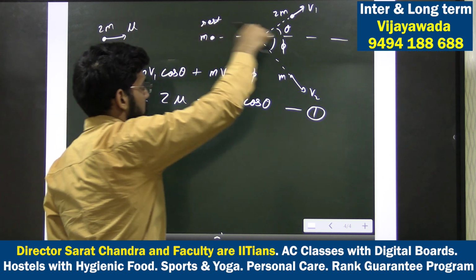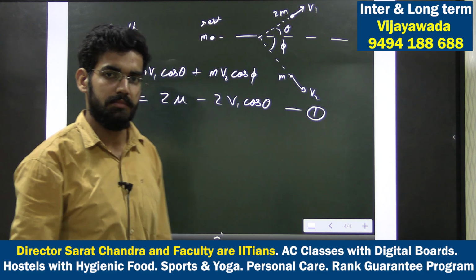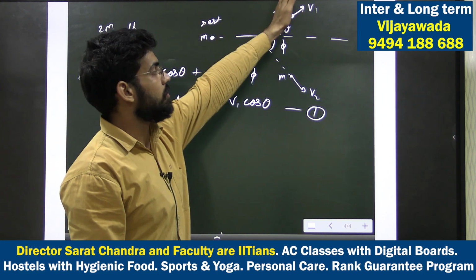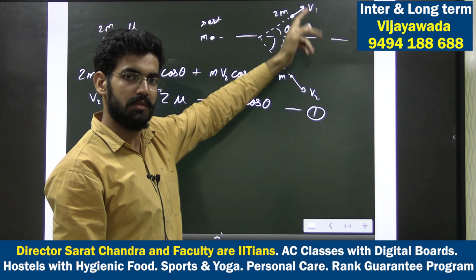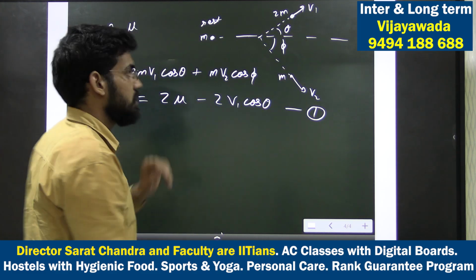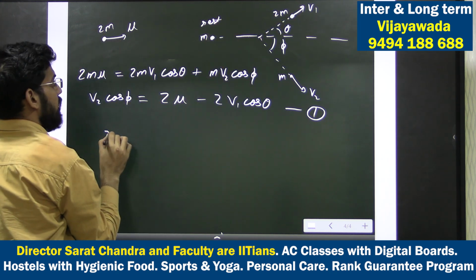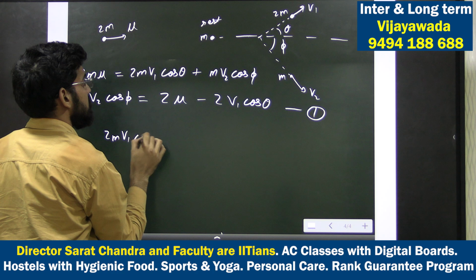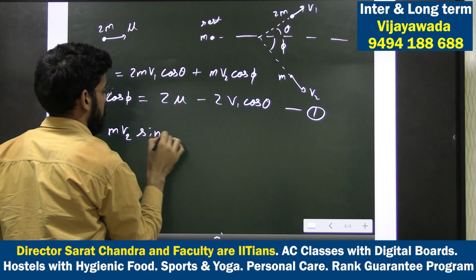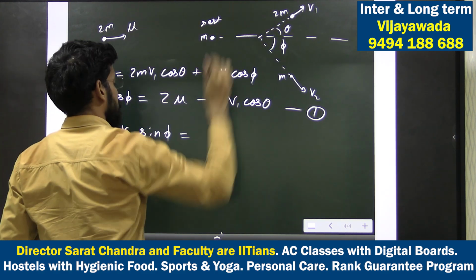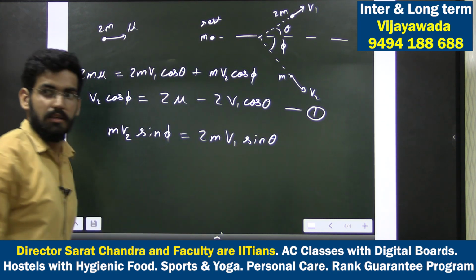The initial momentum is in this direction, so the final momentum should be in this direction. In the vertical, there should be no momentum. So the upward component of momentum by the 2m mass and the downward momentum by the m mass should be equal. The m mass gives m v2 sin phi, equal to the upward momentum 2m v1 sin theta.